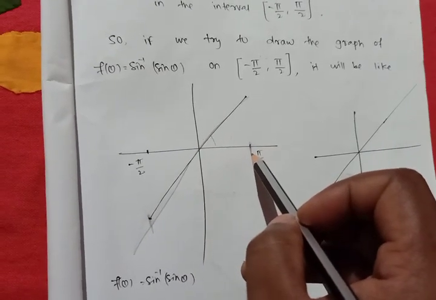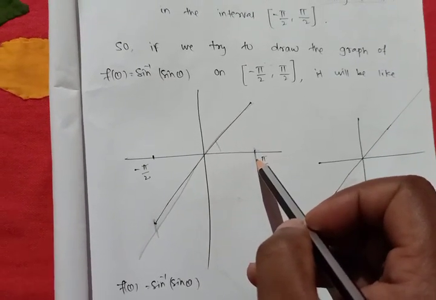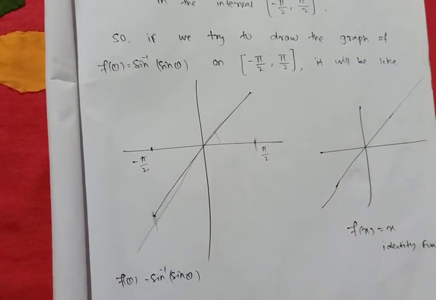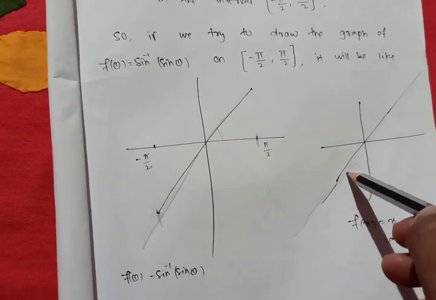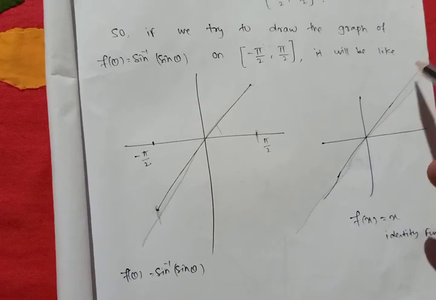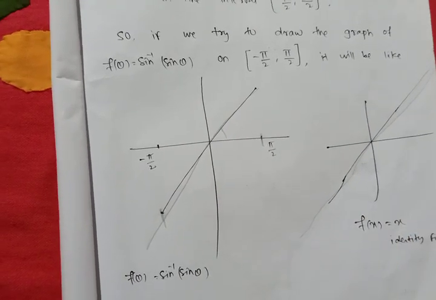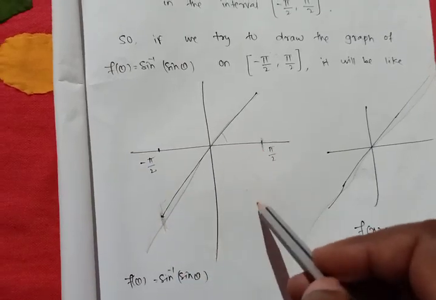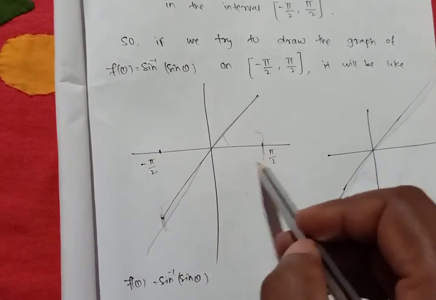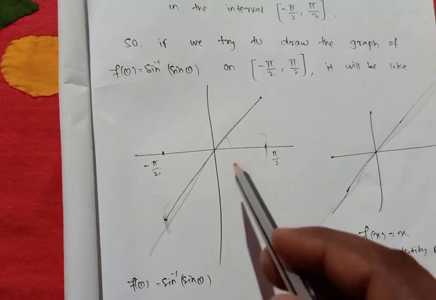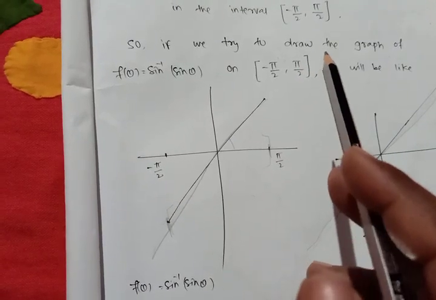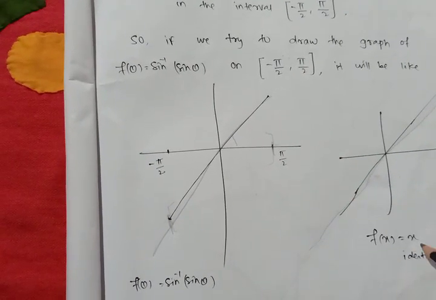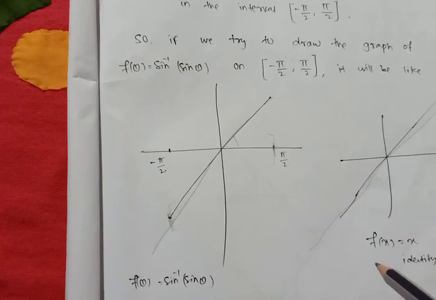But as you know, in the case of the identity function f of x equal to x over the real line, it is a straight line like this over the real numbers. But in this case I am restricting the graph to the interval minus pi by 2 to pi by 2. That's why I have written that this function behaves like the identity function.